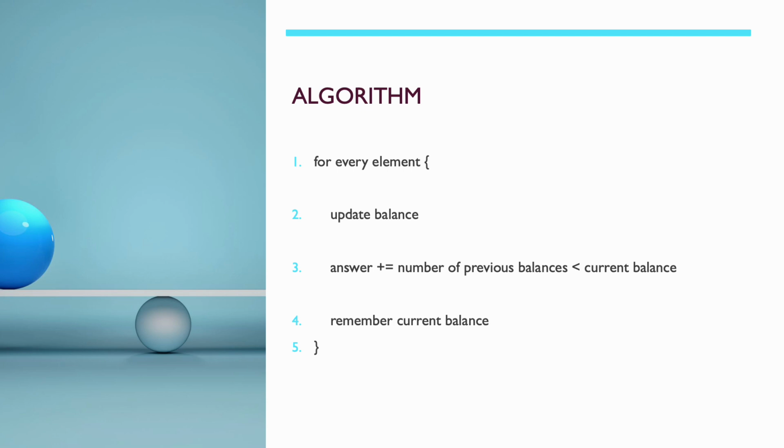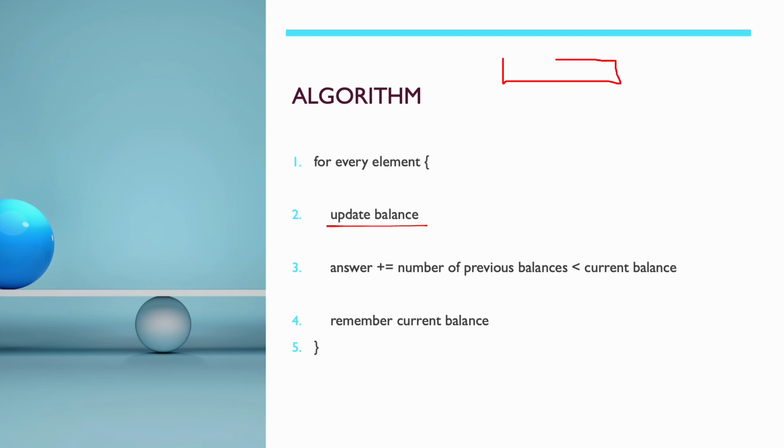Now, the question was that for every element we have this balance, and we'll come to what balance is. Now, this is the algorithm. Actually, let's first come to the question.